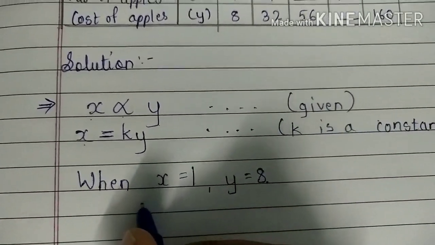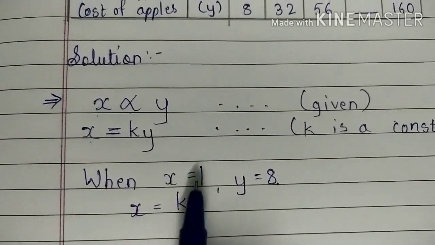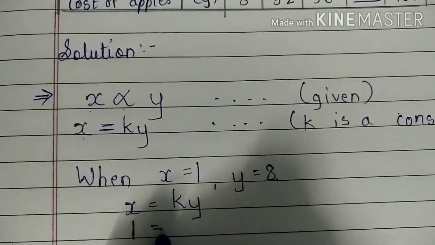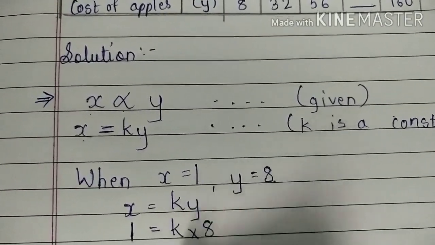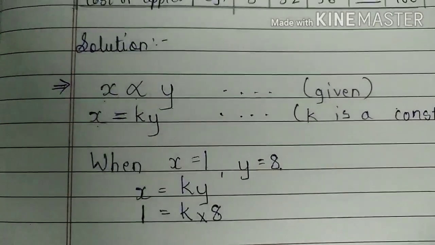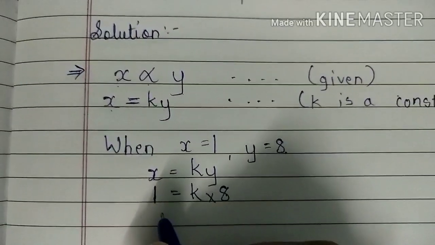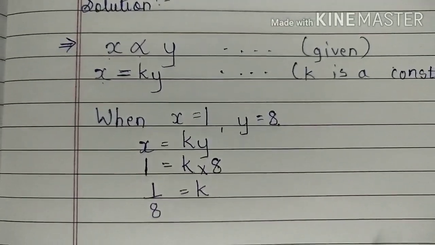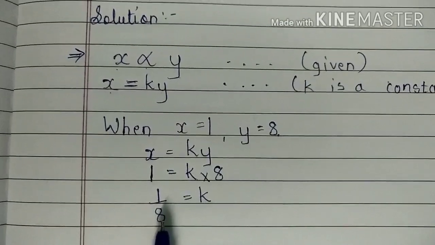What is our equation? x is equal to ky. I'm going to substitute x and y. So x is 1 and y is 8, as per this. So what do we get? We can keep k this side itself. So I'll be getting 1 upon 8 is equal to k. Okay, so k is equal to 1 upon 8.